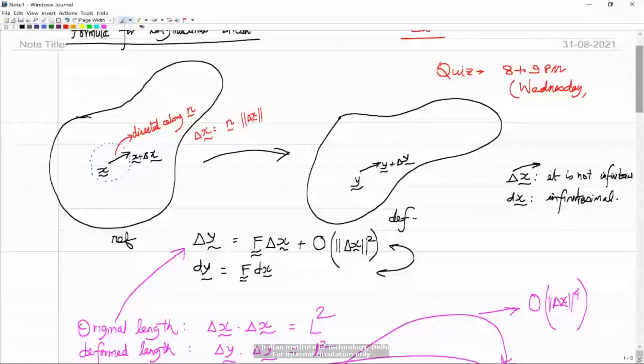But the formula that we have derived does not correspond to the point X. It corresponds to this neighborhood of point X. So how can I make it correspond to point X? Anybody? Right now it is corresponding to a neighborhood of point X, right? It is not corresponding to the entire body 100%. It is corresponding to a small neighborhood of point X.